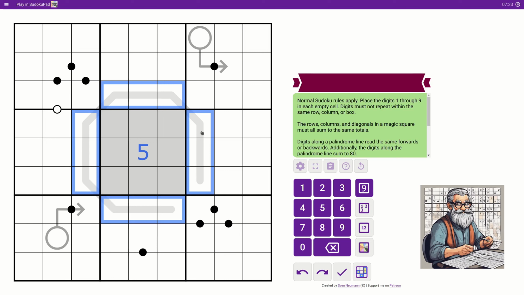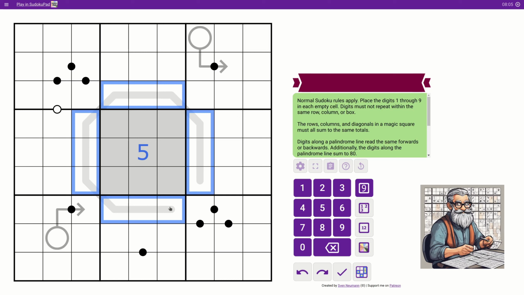The maximum we could have in any row is 24. If we had 24, because that's 9, 8 and 7, 24 times 3 would be 72, which would leave us with 8, which means that there should be a lot of possible combinations, right? Without considering the palindrome aspect to it.